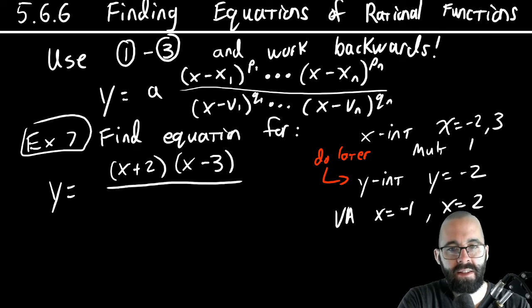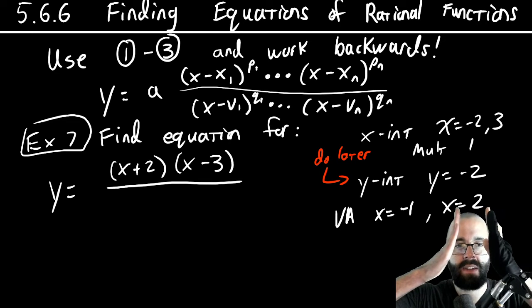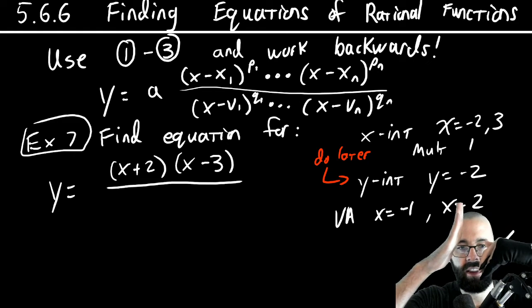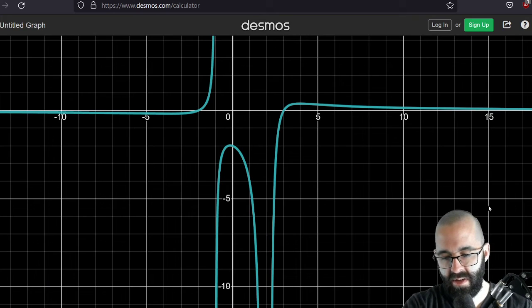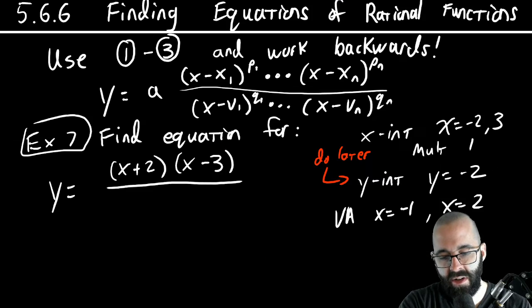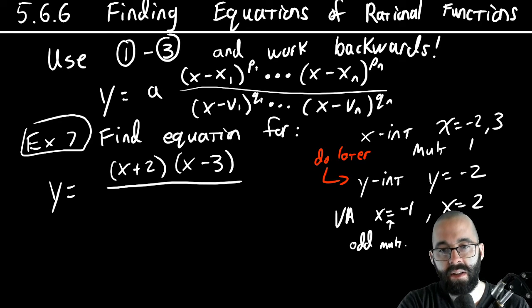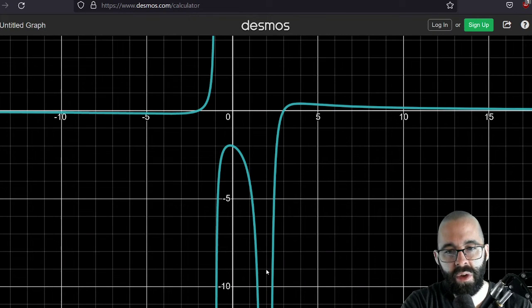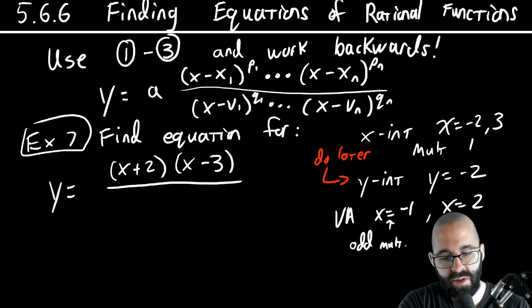On each side of these asymptotes, is the function going the same direction or the opposite direction on each side of the asymptote? Well, look at this asymptote, x equals -1. It's going to positive infinity on one side, negative infinity on the other. This opposite direction right here means it's going to have odd multiplicity. Whereas at x equals 2, they're both going down to negative infinity. So at x equals 2, we know that's going to have even multiplicity.